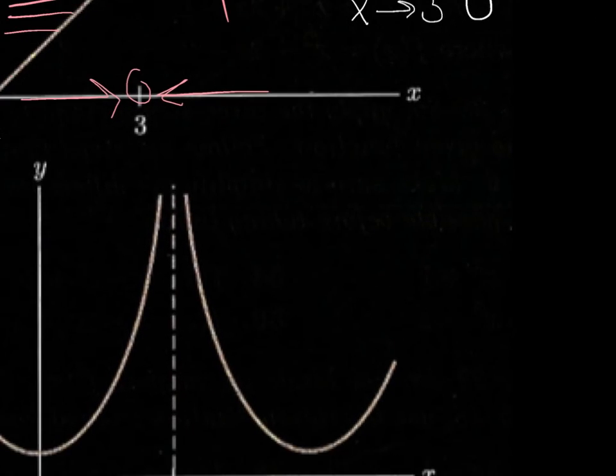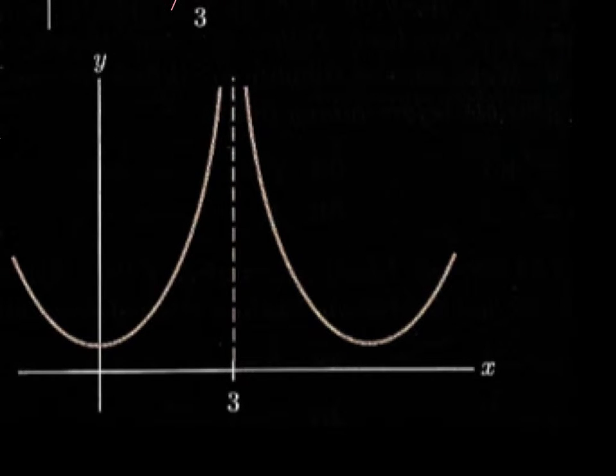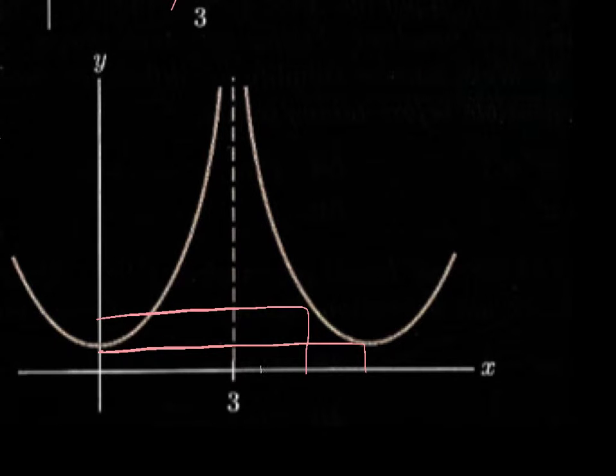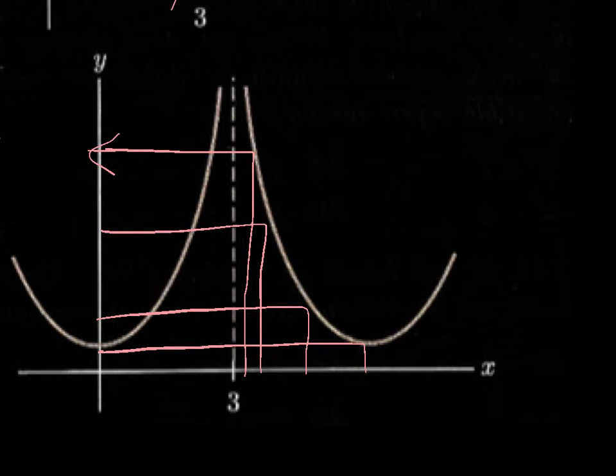And finally, moving on to number 6, you can see that as you approach from the left-hand side, closer and closer to 3, the output values get larger and larger as you approach. So the limit doesn't exist from the right-hand side because the output values get larger and do not approach a value. And the same story from the left-hand side.